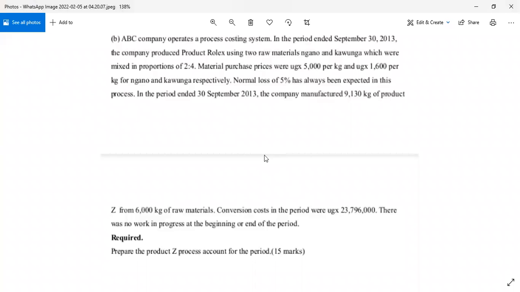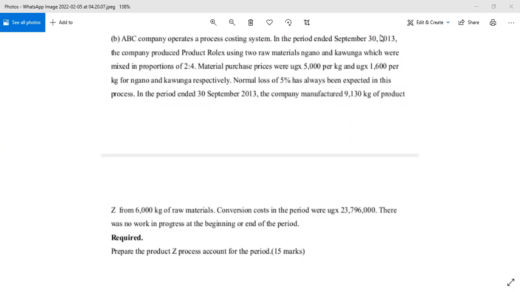It is saying ABC company operates a process costing system. So clearly here we're talking about process costing or continuous costing.